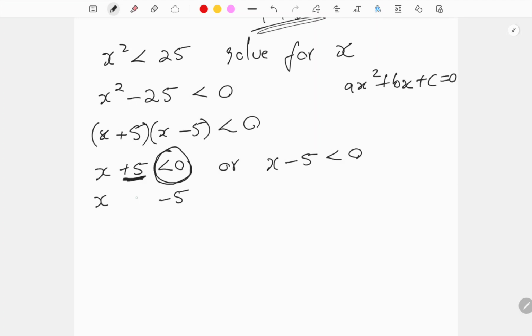It's no longer going to be less than, but greater than, minus 5. Or x, and then when you transpose this to the other side, you are getting a plus 5. Then the sign is not changing because the number is positive. Then it's less than 5.